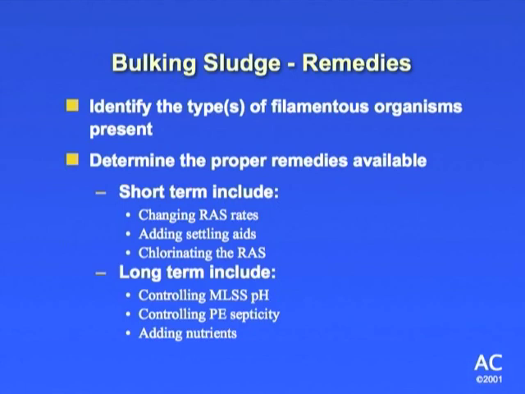Oftentimes you'll have plants with seasonal variations, like a food processing or canning plant online, and seasonally they could get wide fluctuations in their loadings too that will throw the plant. So this is stuff that not only you would think of for your plant if you're having problems, but also in general if you're asked these types of questions on your exam.